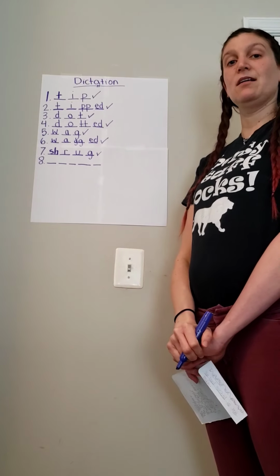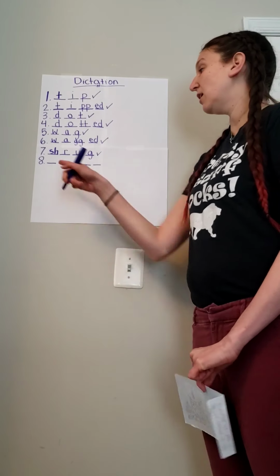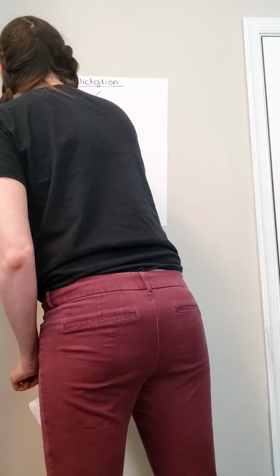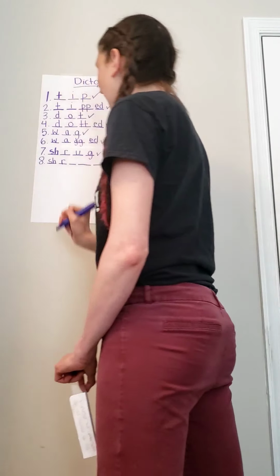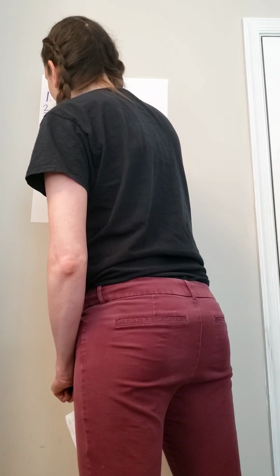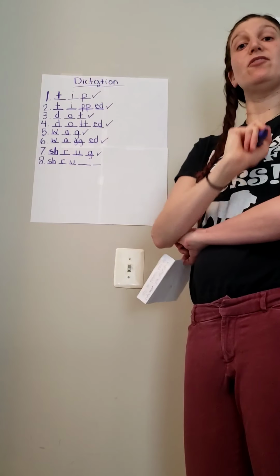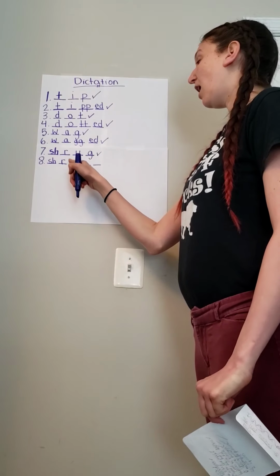Shrugged. Time to write the letters that we hear for each sound. Sh. There's my digraph. S, H, R, U, G. Ooh, gotta do my double consonant check. Do I have a short vowel?